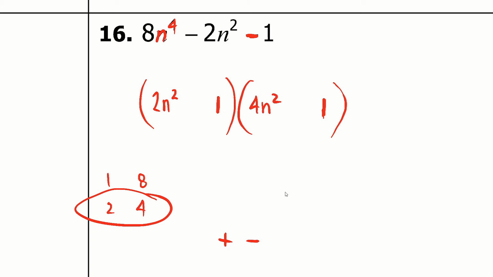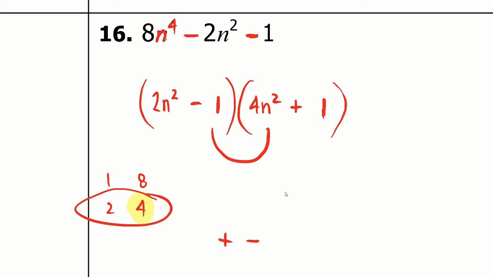All right? And here's the last thing. What sign was in the middle? Negative did. So negative has to go with my bigger term. And which one's bigger? The 4 is. So where can I make the 4 a negative? Well, the multiplication was there, so I need the negative there.